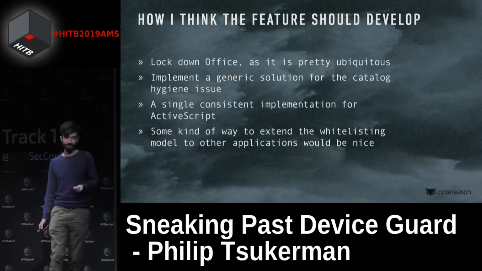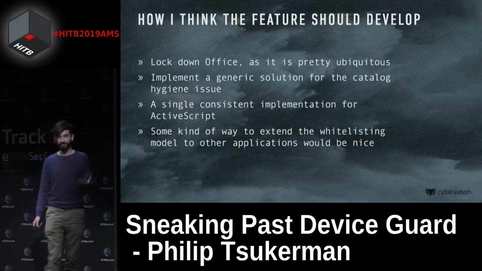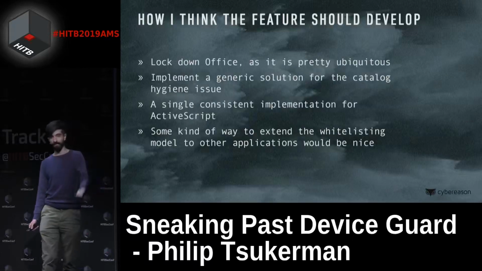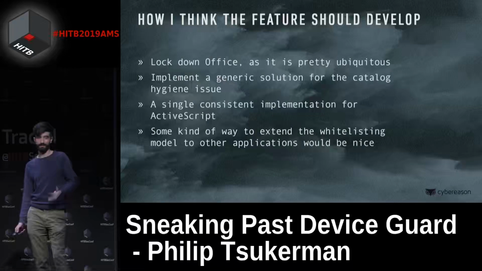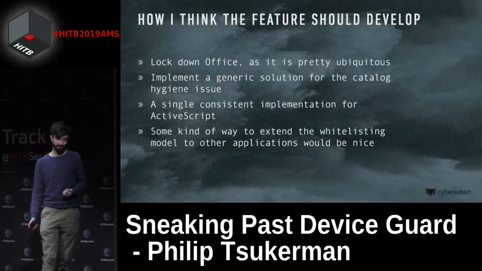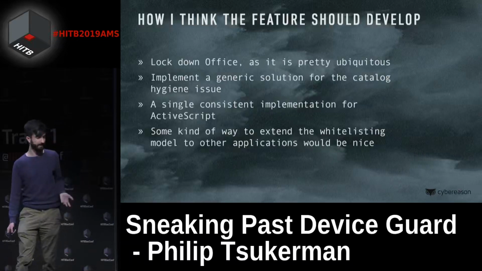Also, a generic solution for the catalog hygiene issue should be really important, because as long as you don't have that, today you have to wait a couple of months after the patch gets released to be actually safe from a vulnerability. Which is pretty ridiculous.